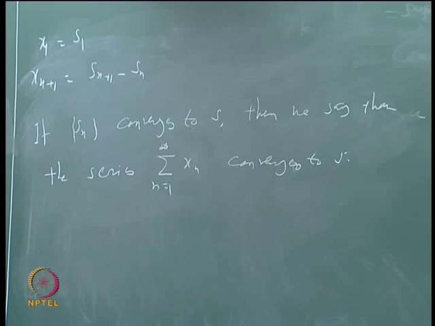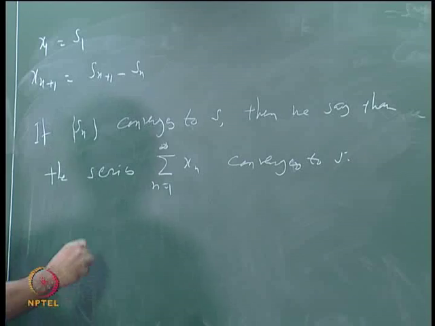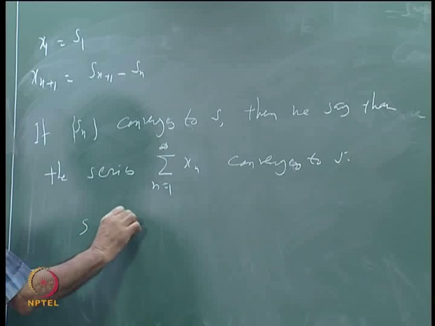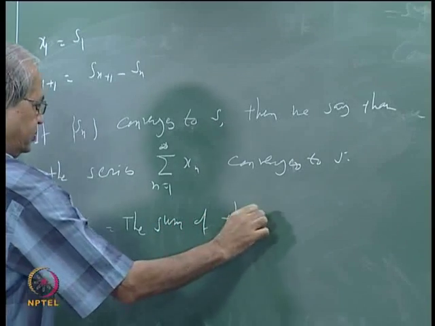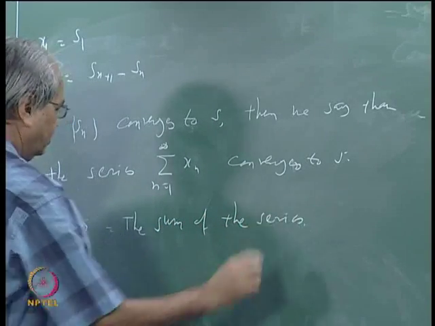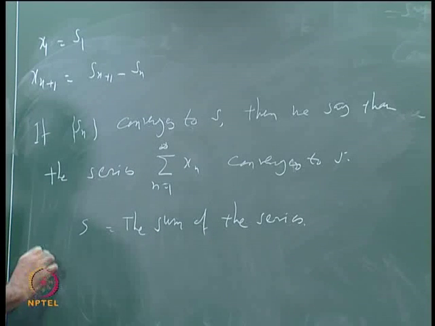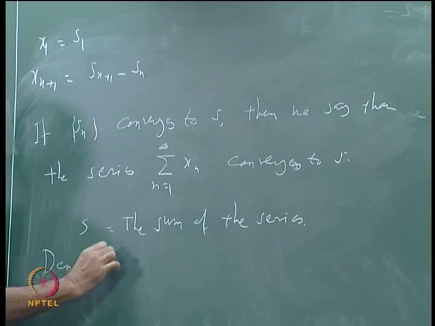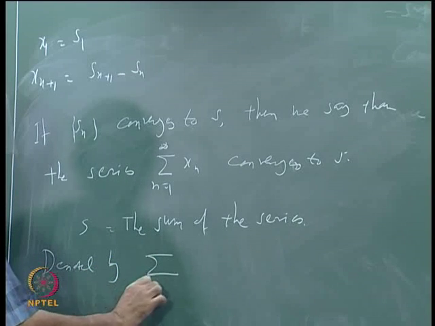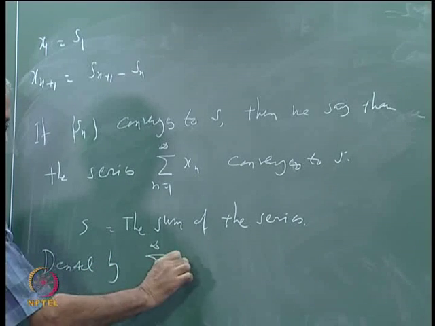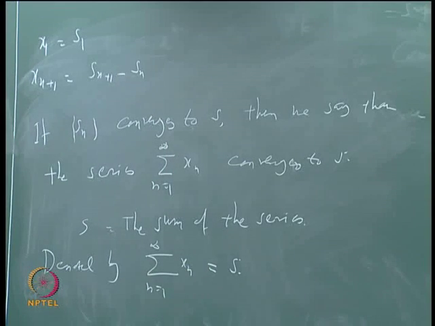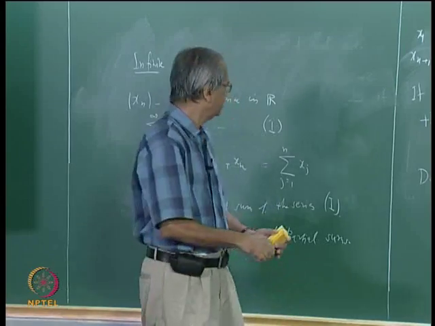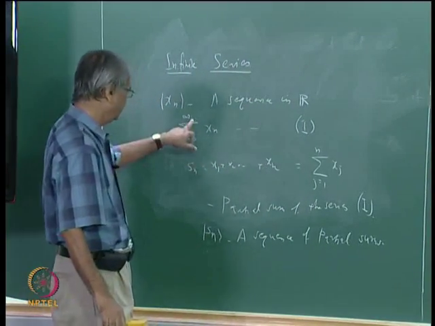And this S is called the sum of the series, denoted by sigma n going from 1 to infinity xn is equal to S. So only in this special case does the expression sigma xn, n going from 1 to infinity, have a meaning.